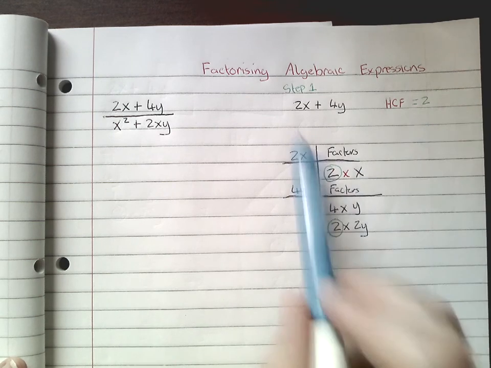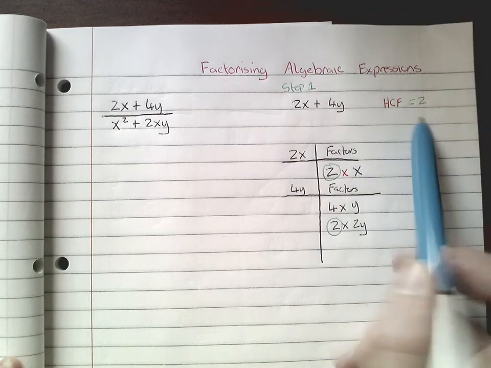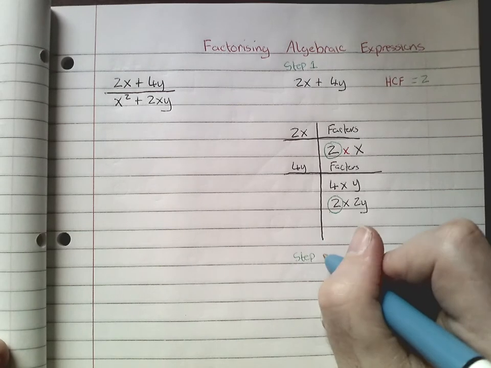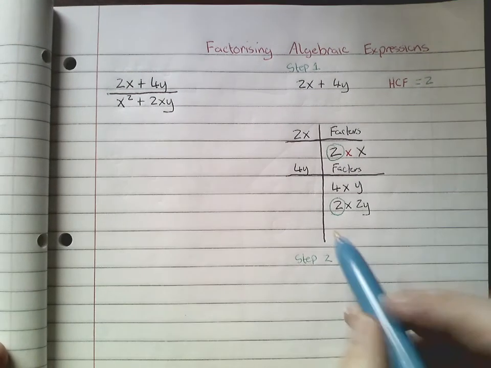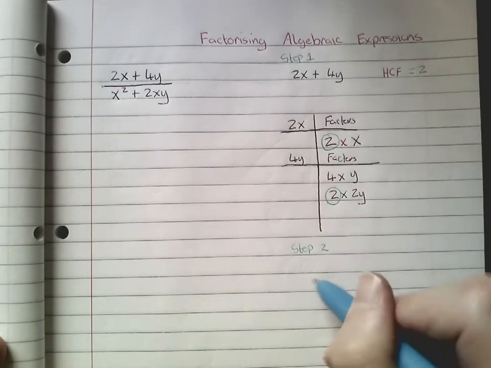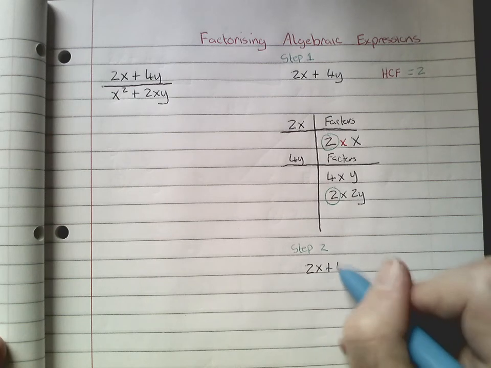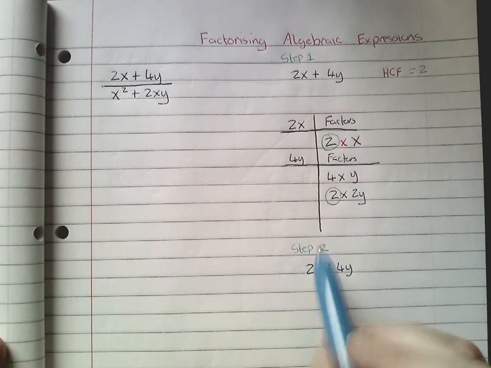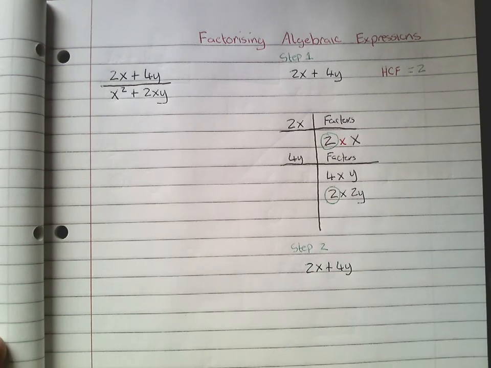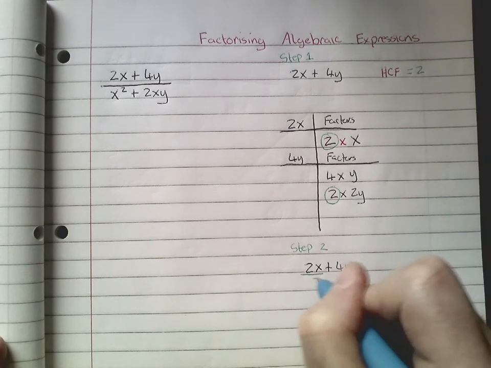Step 2 is you want to take your expression and divide it by the highest common factor. So we take the expression 2x plus 4y, and we divide this by 2, and we divide this by 2.